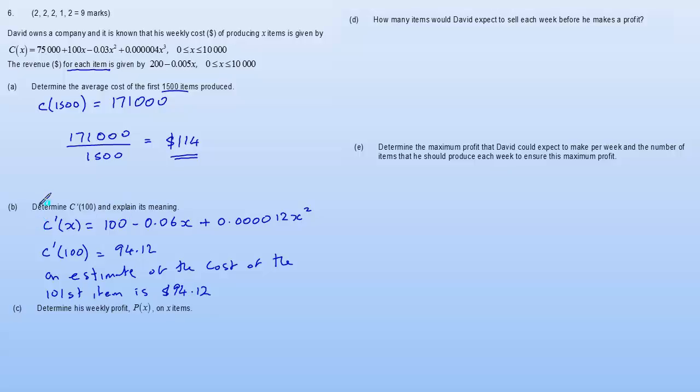Should just note that somehow, compared to the written solutions, these two parts are mixed up, but it doesn't really matter. Determine the weekly profit. Well, we know that profit is revenue take away cost. Now the revenue, this is for each item, so what we need to do is just multiply that by x. And then we're taking away the cost, which is the 75,000.